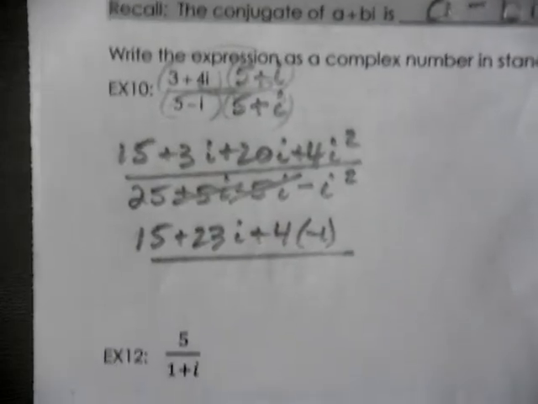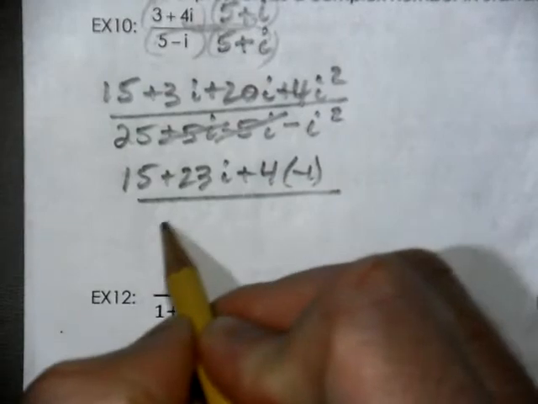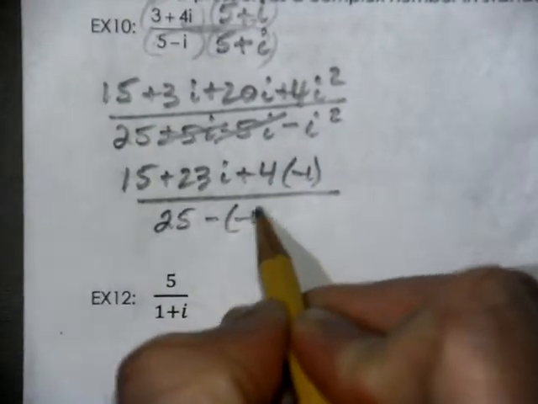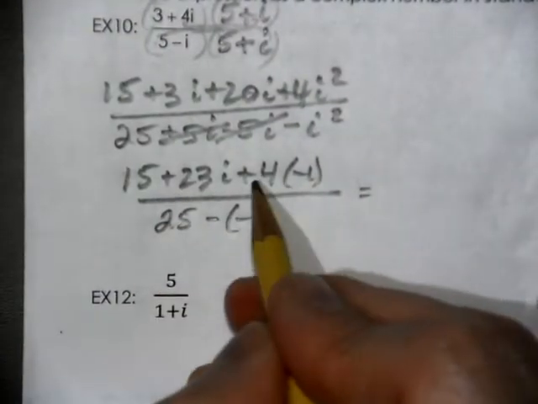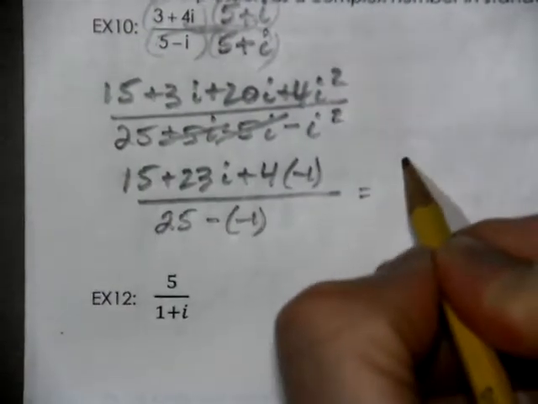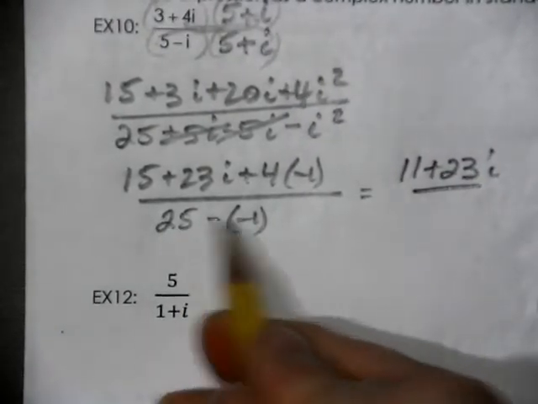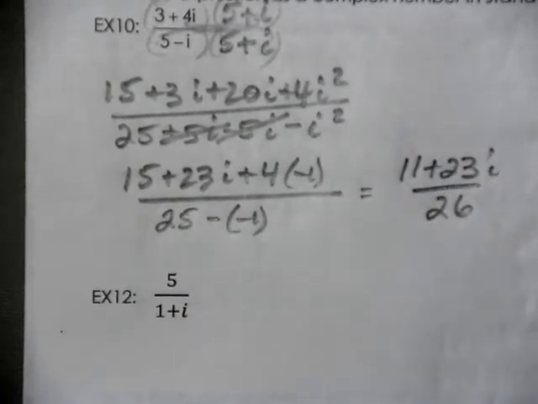They're going to cross out. And that leaves us with a 25 minus a negative 1. So we can write our final answer. This is a negative 4. So we have 11 plus 23i over, this is a positive, so we get 26.